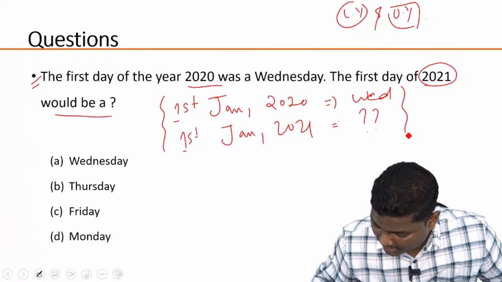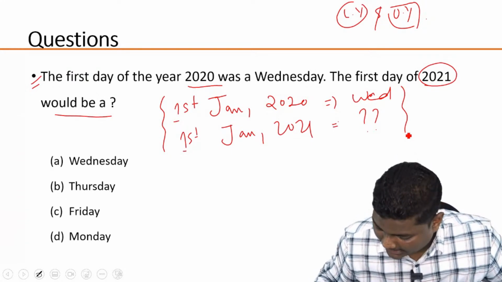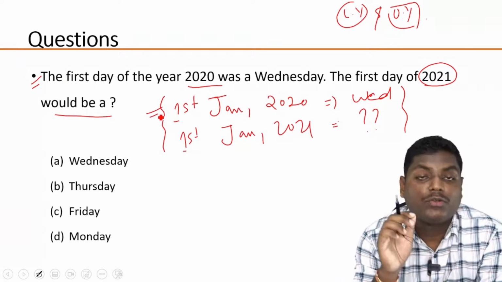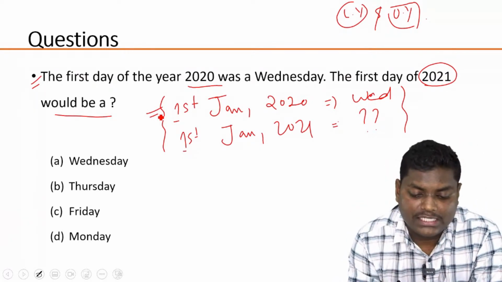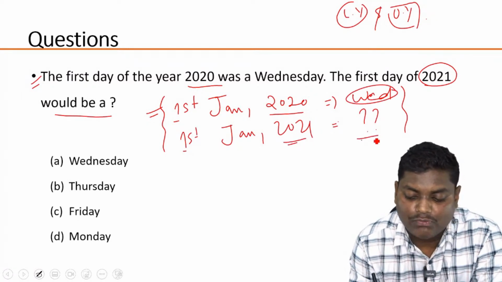Great, Sanchari. Great, Subra. Yes. So let's try and understand this. This is the question. It is given to us that 1st Jan 2020 is Wednesday, and it is asking what 1st Jan 2021 will be.